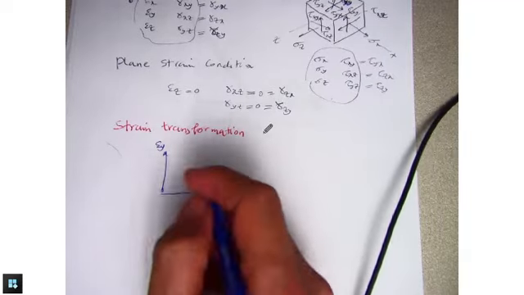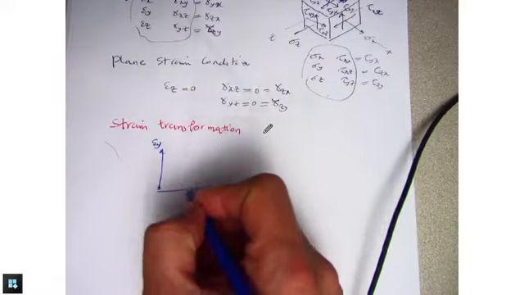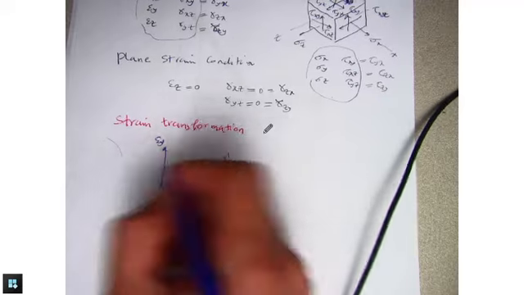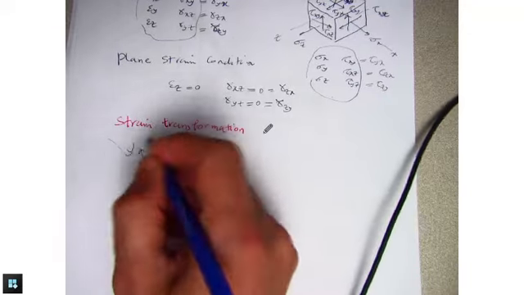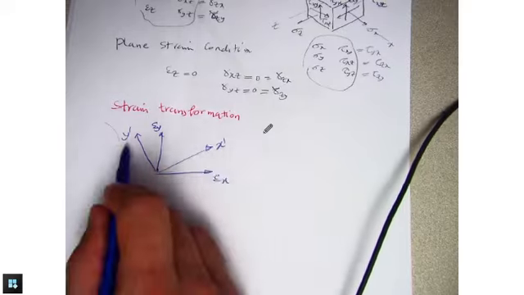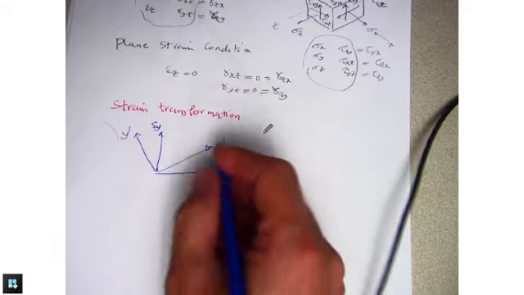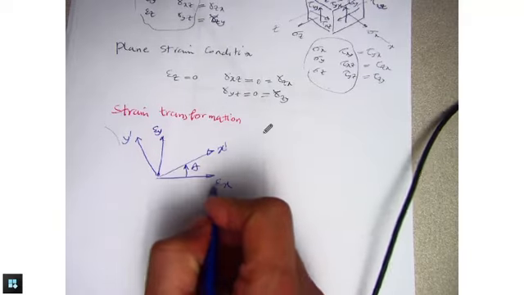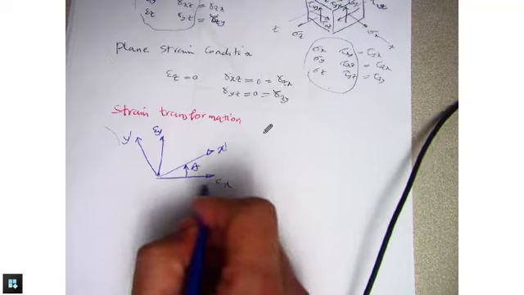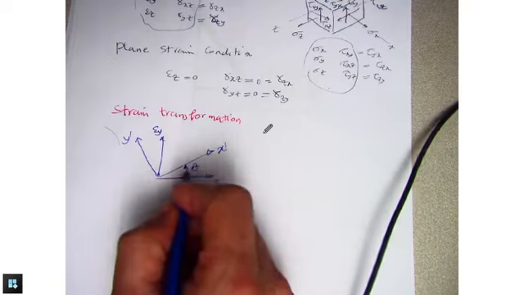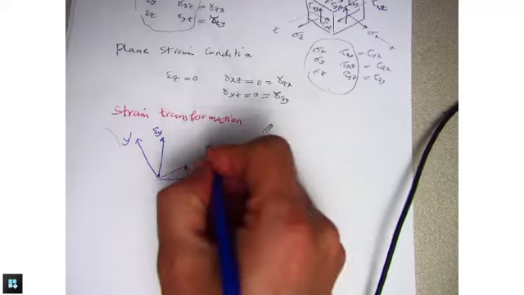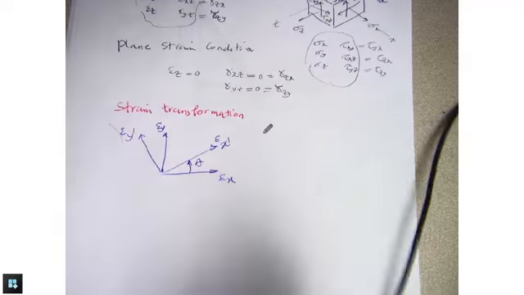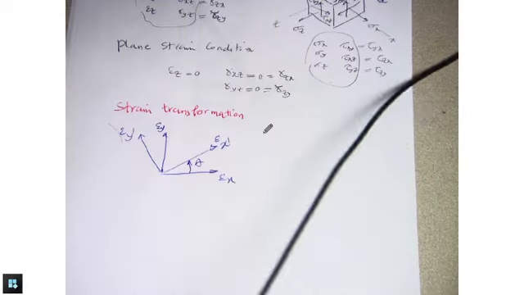And I'm interested in knowing what would be my strains along the x prime direction and y prime direction. You see x prime and y prime are again perpendicular to each other, but x prime makes an angle of theta with my original x axis. And I'm considering this theta to be positive in the counterclockwise direction. So I want to know what is epsilon x prime and epsilon y prime, and also gamma x prime y prime.